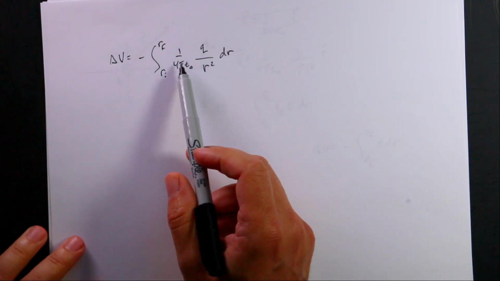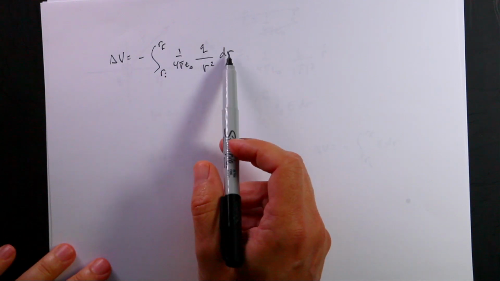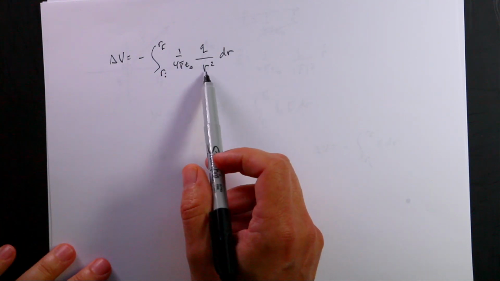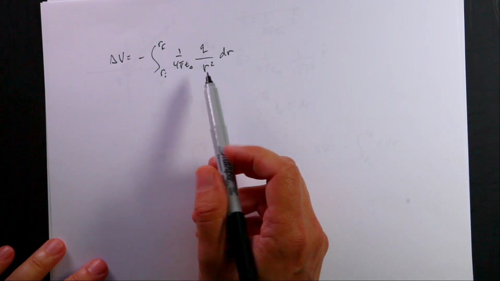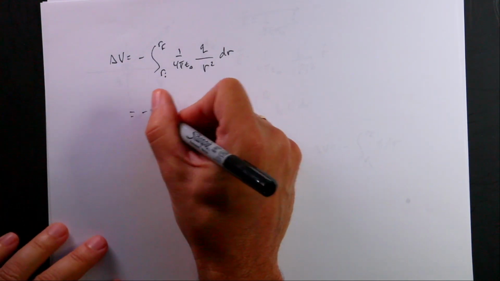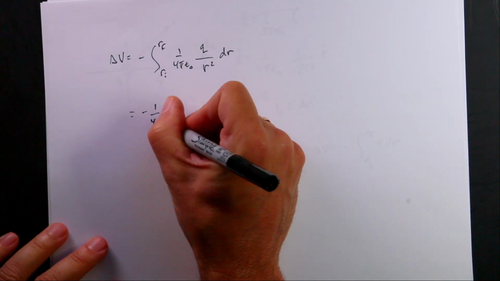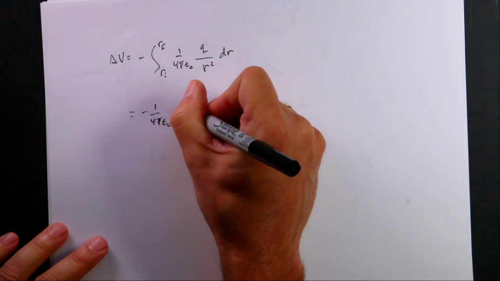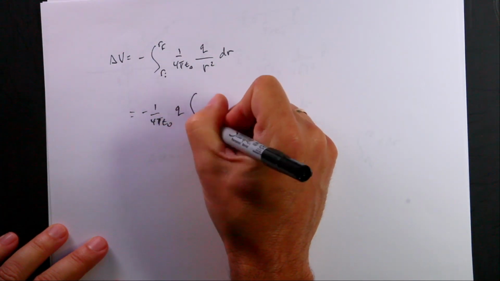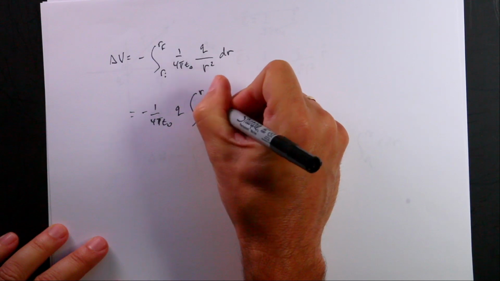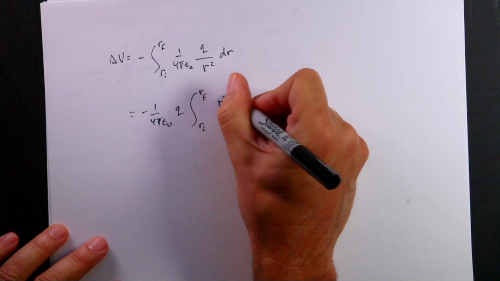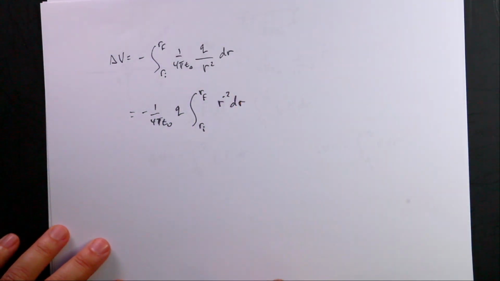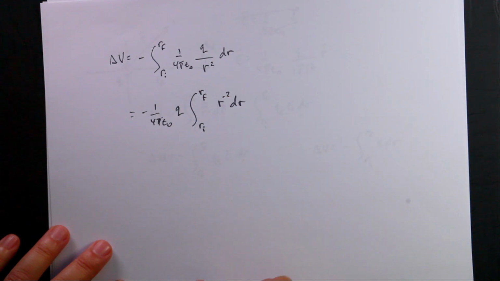And I have a pretty straightforward integral because my integration variable is dr and my variable is r. So let's write this as negative 1 over 4 pi epsilon naught Q times the integral from Ri to R final of r to the negative 2 dr. And I wrote it like that as a power rule so we can remember how to do integrations that way.